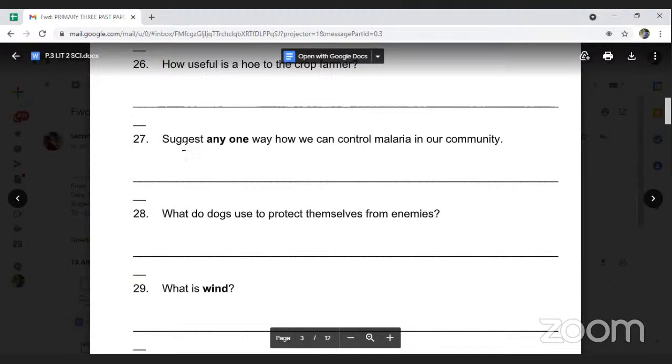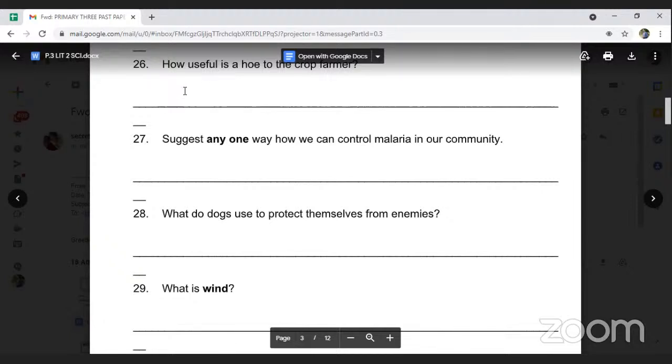Aha. Let's hear from Shadrach, read phrase number 27. Suggest any one way how we can control malaria in our community.